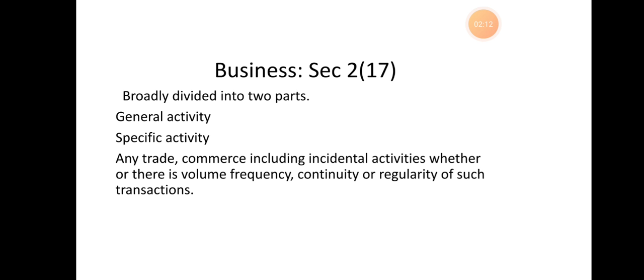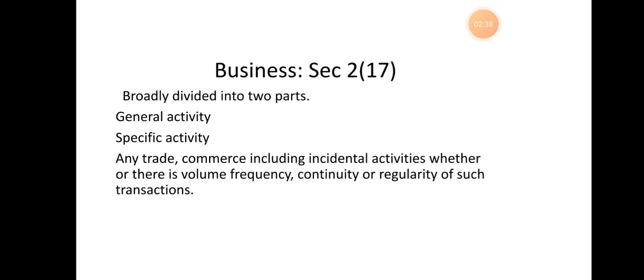Business: the definition is quoted under section 2 subsection 17 for the GST. As we know, in GST the definition is broadly classified into two parts: one as a general activity and secondly as a special or specific activity.